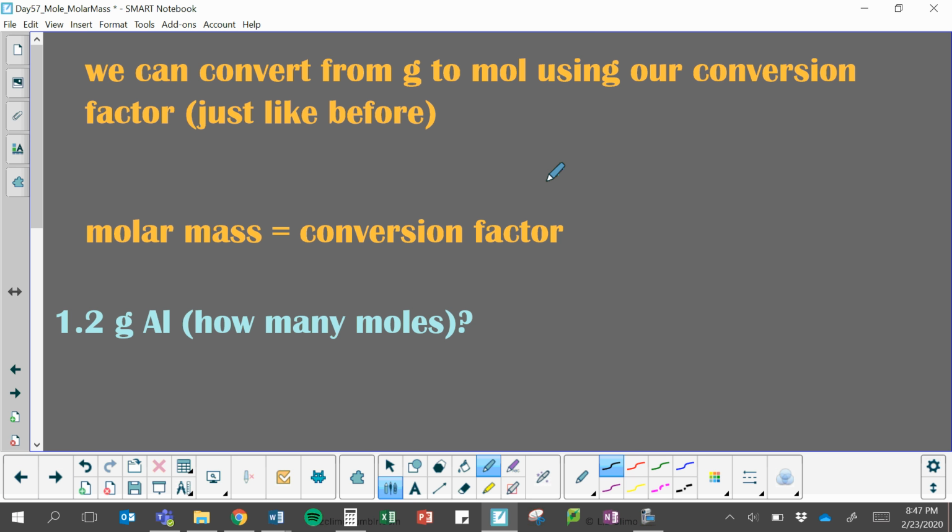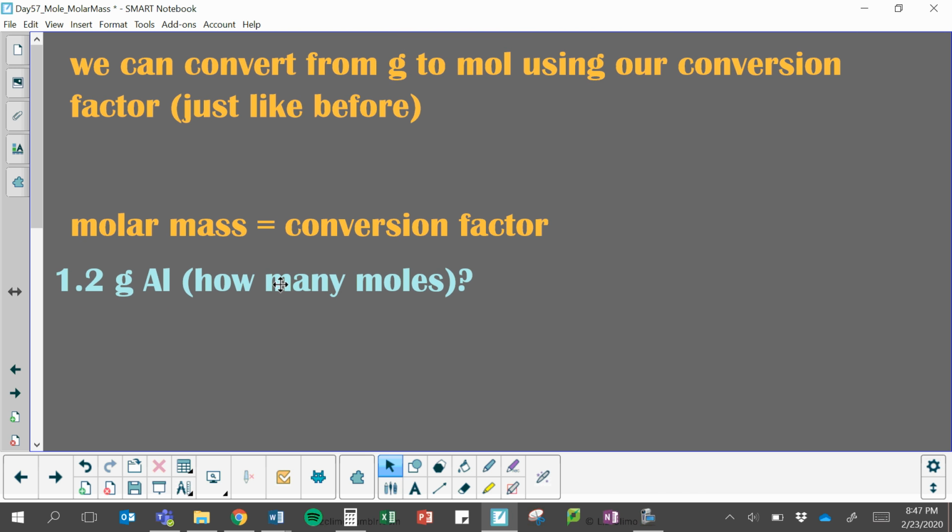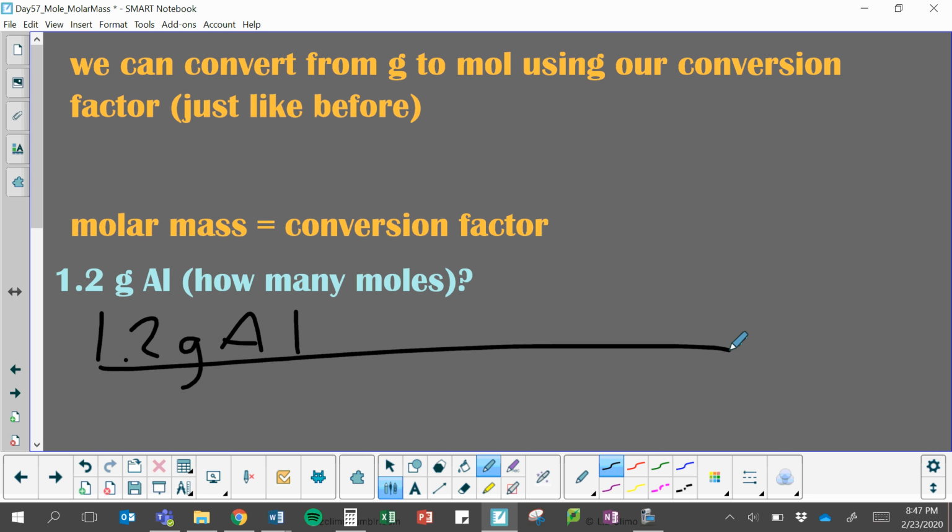Okay, so the reason that we are looking at the molar mass is because we can actually use it when we are converting things. We can use it as our conversion factor. So in our example here, we have 1.2 grams of aluminum. If we're going to convert this into moles, just like before, we want our grams to cancel, so we're going to put grams on the bottom, and we're going to convert into mole. The way we know what numbers to put in here is to look at the molar mass.